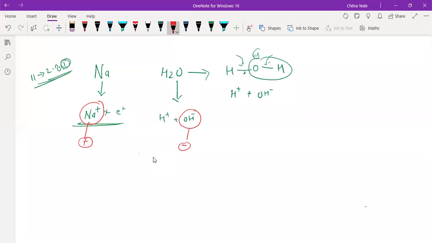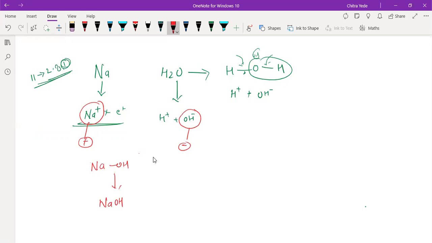So sodium has positive charge and OH has negative charge, so they combine to form sodium hydroxide.